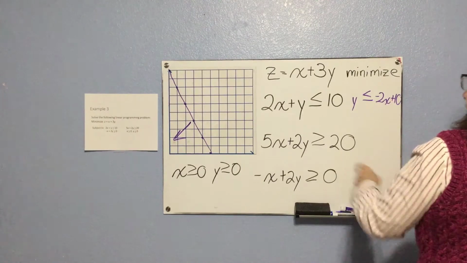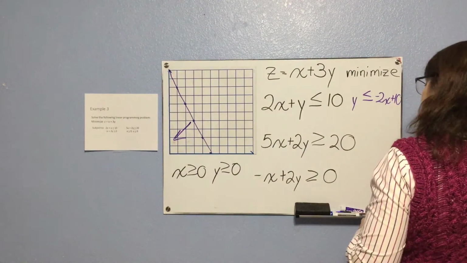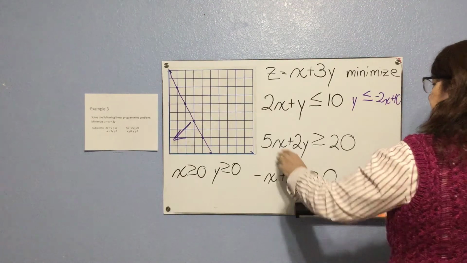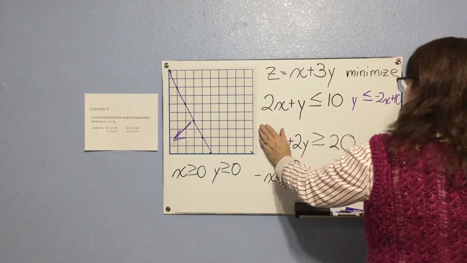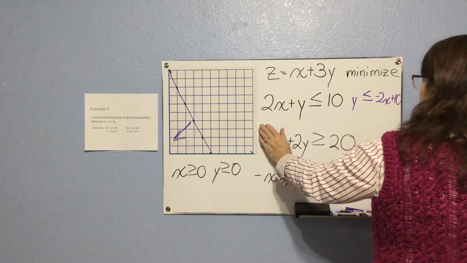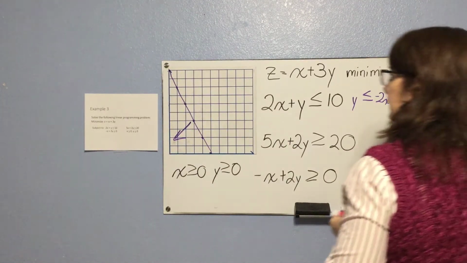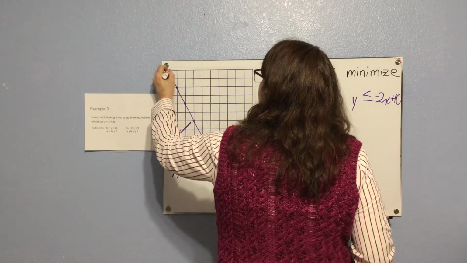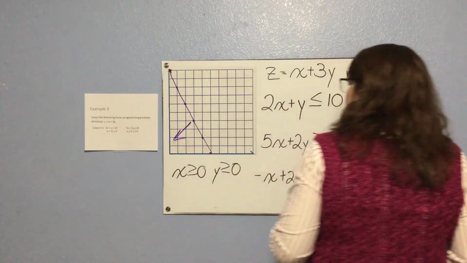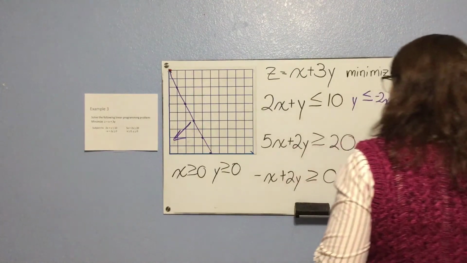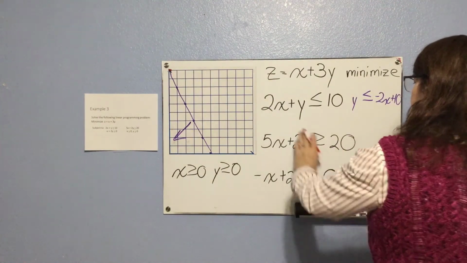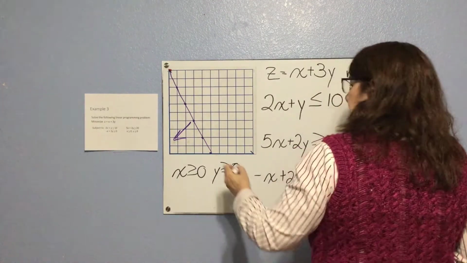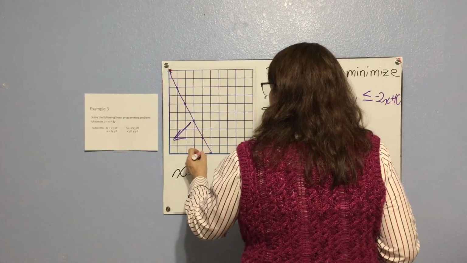When I look at this problem, I think solving by intercepts is a good idea here. If I let x be 0, then y is going to have to be 10. So when x is 0, y is 10. So it matches up with the first point on the purple line. If y is 0, x will be 4. So that'll be here.